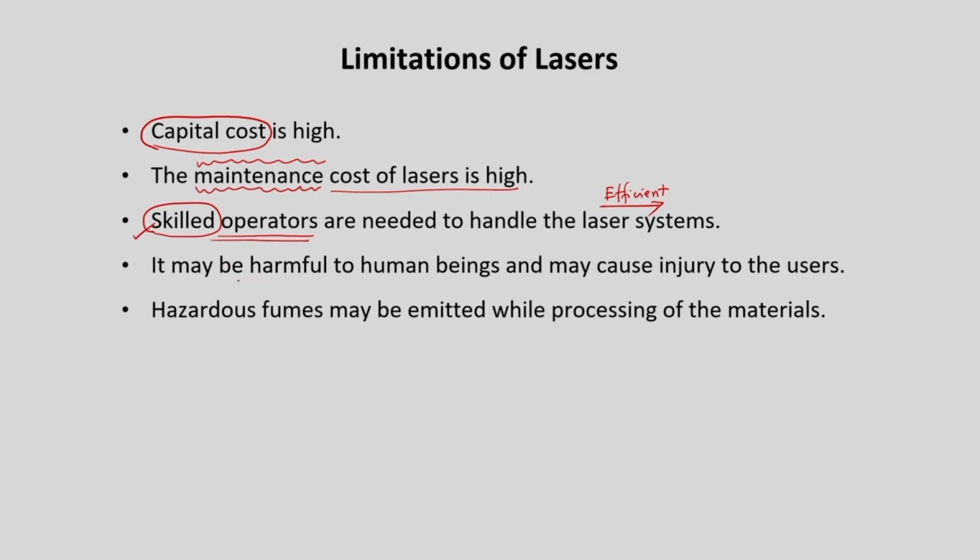If the lasers are not used properly, they may be very harmful to human beings and may cause injury to the users. In material processing, some of the lasers produce hazardous fumes during the operation, and these hazardous fumes are not good for the operator or human beings.